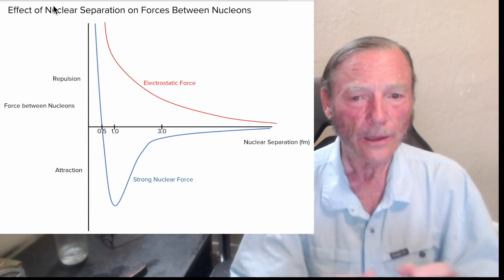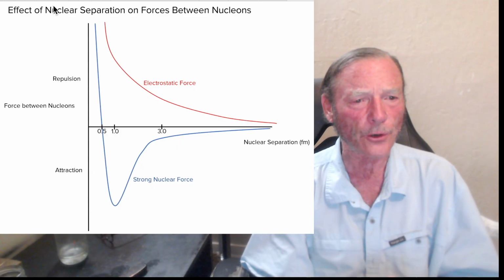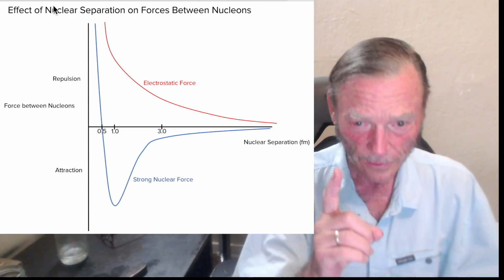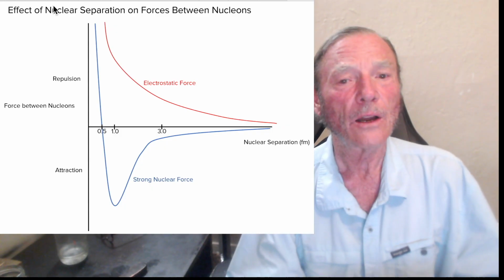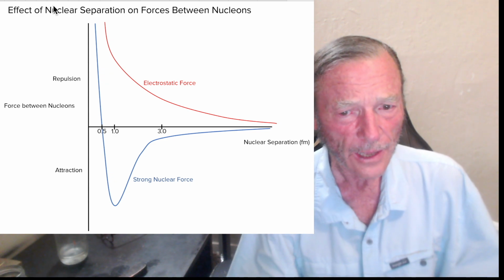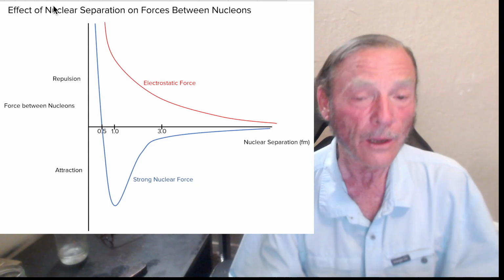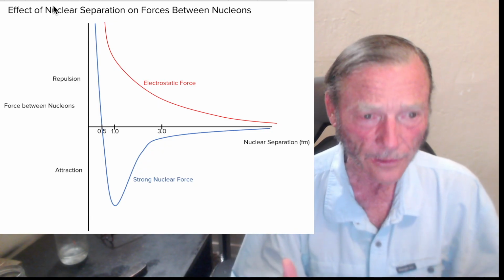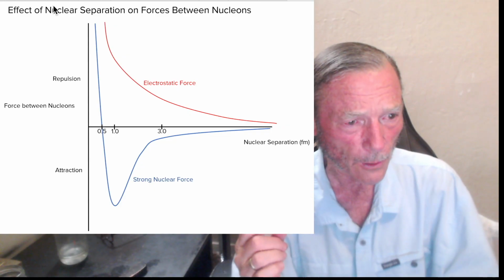Very simple. But how many protons are at the center? One. Just one. That's called a hydrogen atom, meaning there has to be one electron. That's the red line.